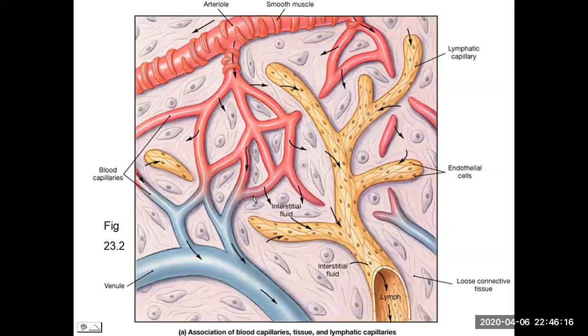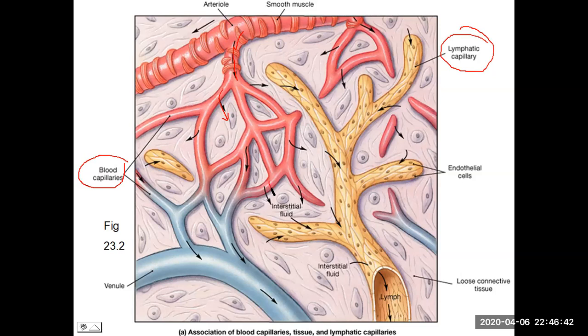So again, we're at the beginning of the lymphatic system, and we'll just point out a lymphatic capillary here as opposed to a cardiovascular system capillary. So we already know cardiovascular system capillaries, and there's the different types. The plasma is diffusing out, and that's the way to deliver nutrients to the cells.